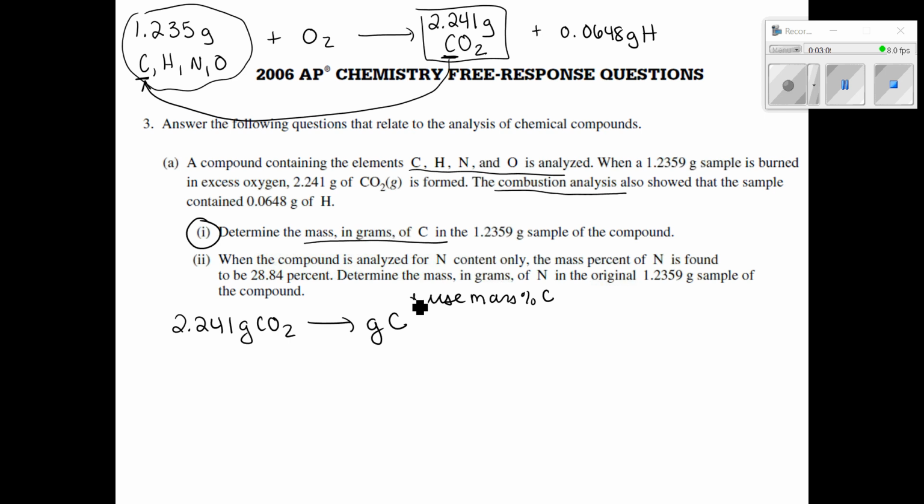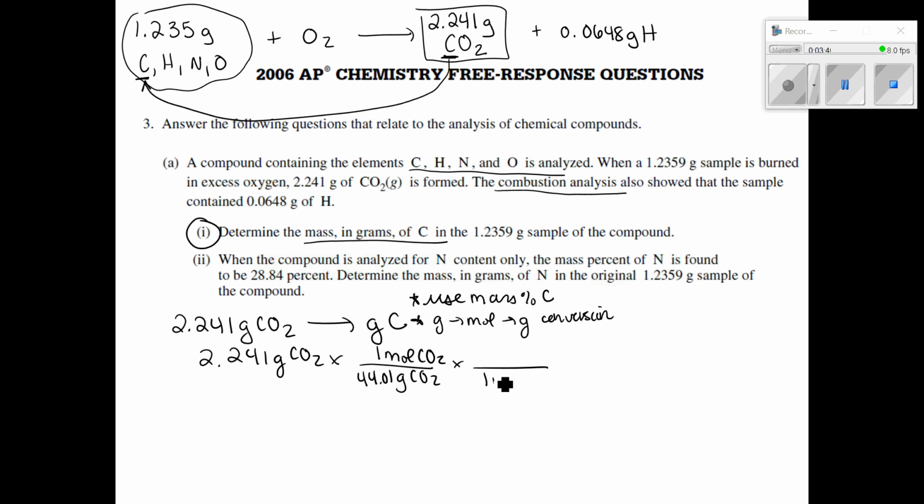So that's one method. The other strategy is a gram to mole to gram conversion. Let me show it that way, because in part 2 we'll look at a mass percent example anyways. So we're trying to get from grams of CO2 to grams of carbon. First we convert grams of CO2 to moles of CO2. One mole of CO2 is 44.01 grams.